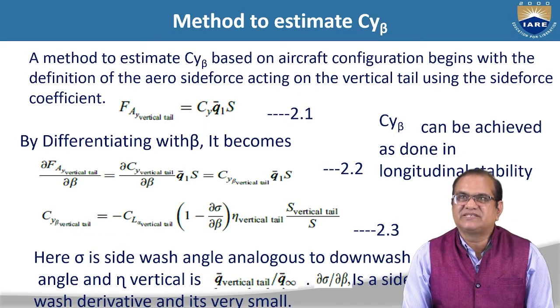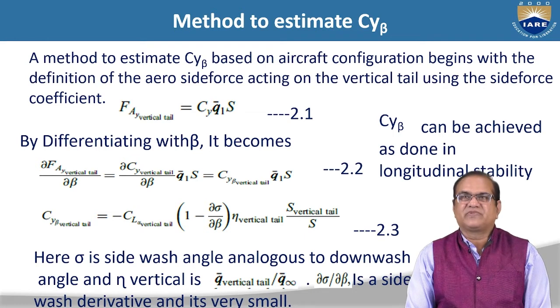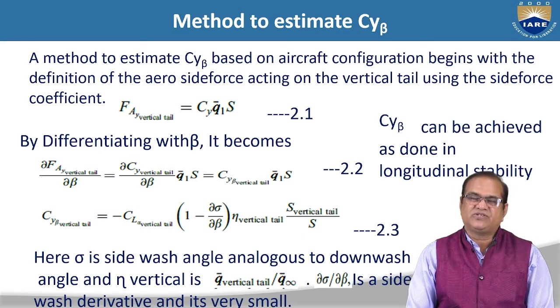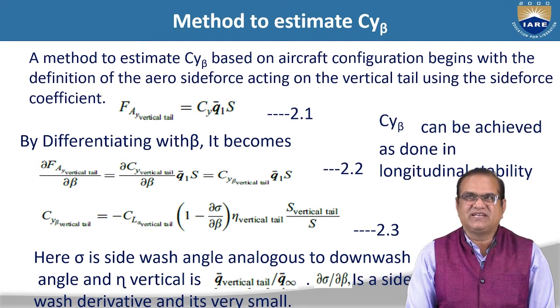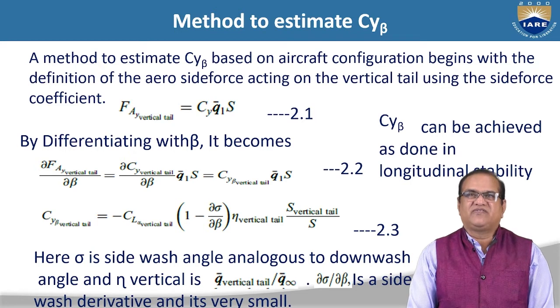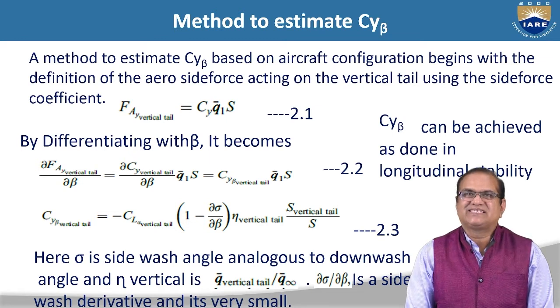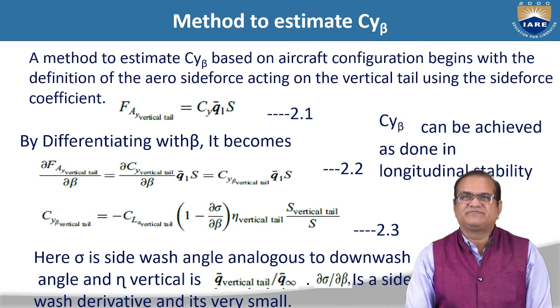Method to estimate Cy beta, the coefficient of side force. A method to estimate Cy beta based on aircraft configuration begins with the definition of the aerodynamic side force acting on the vertical tail using the side force coefficient.